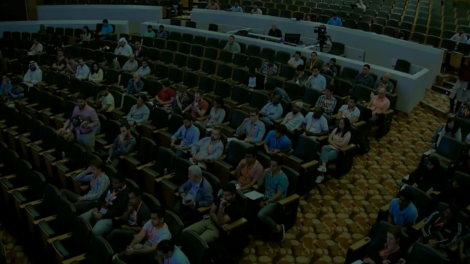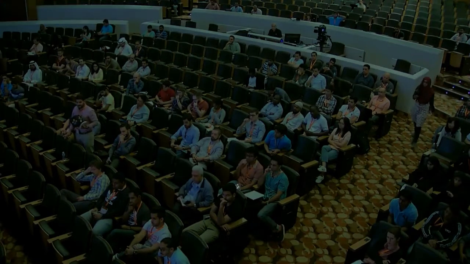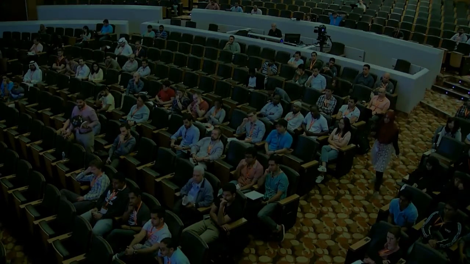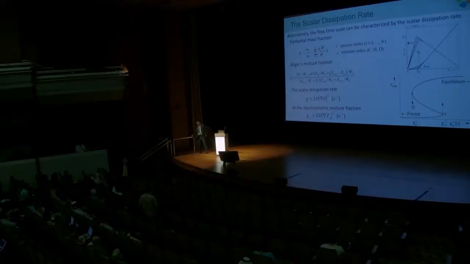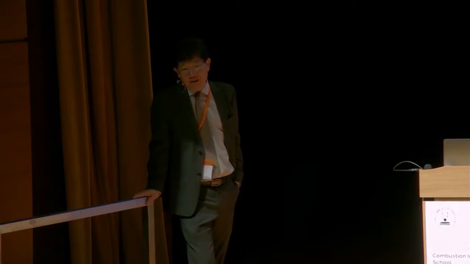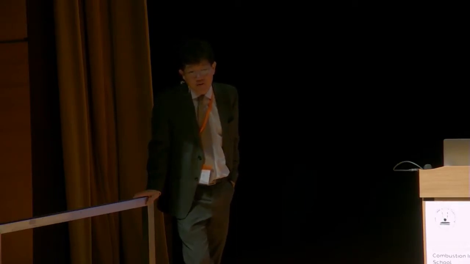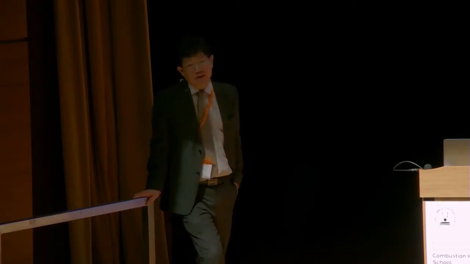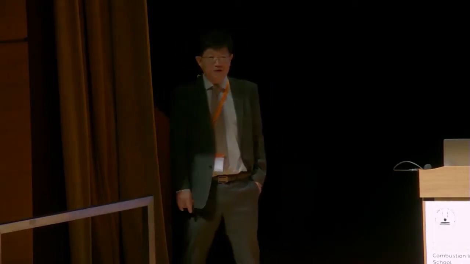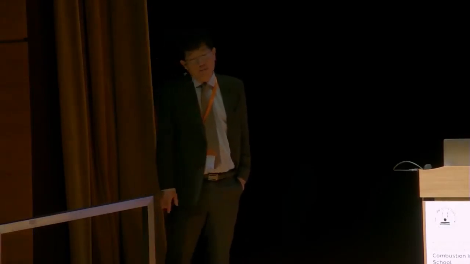Spray stabilization? Yeah. Well, we need to be a little bit clear about the terminology here. Stability and stabilization are similar words, but they have quite different meanings. For example, flame stabilization behind a bluff body is not this kind of intrinsic flame stability. Even in terms of flame stabilization, the mechanism can be completely different.